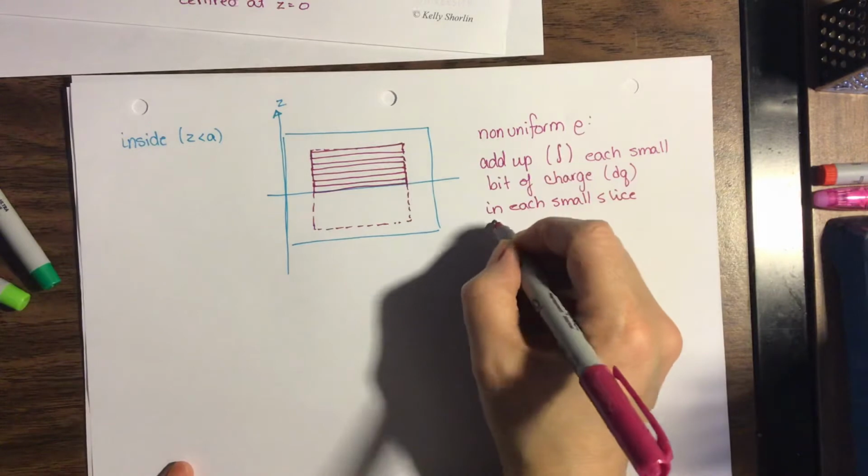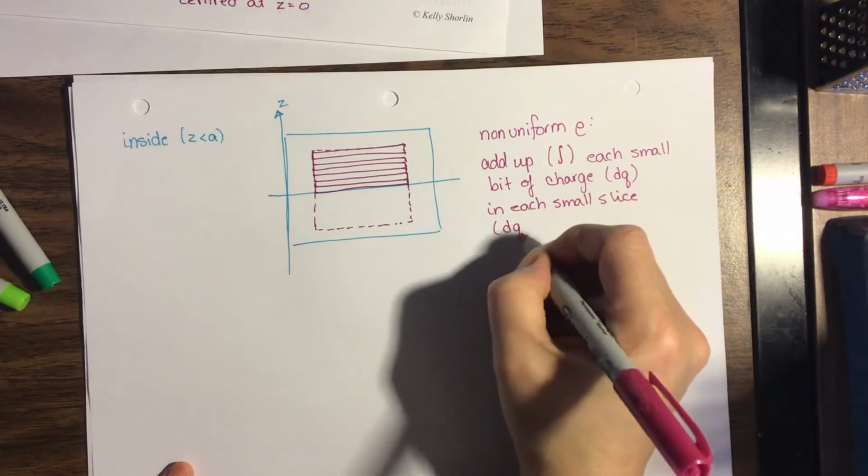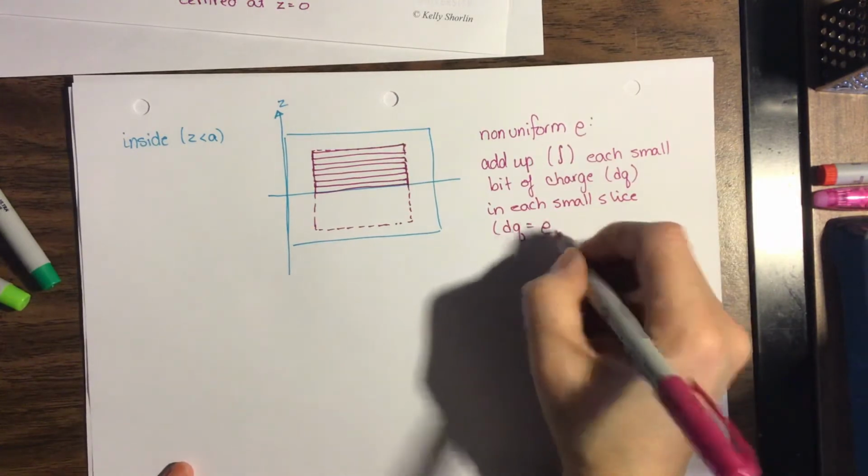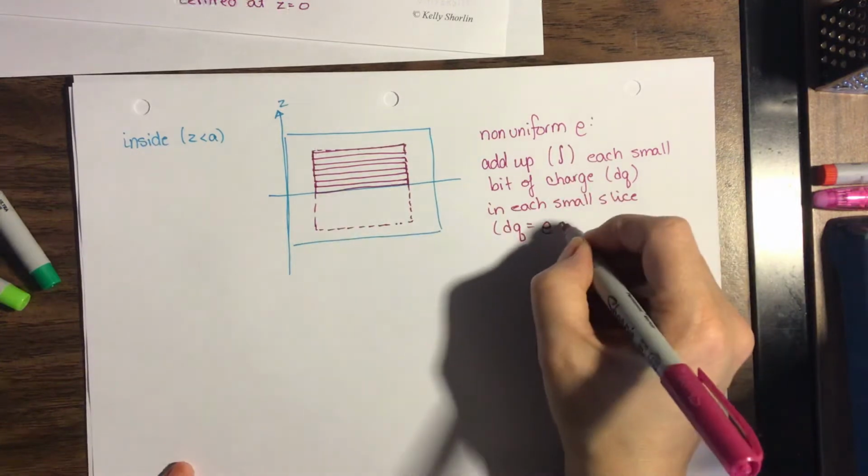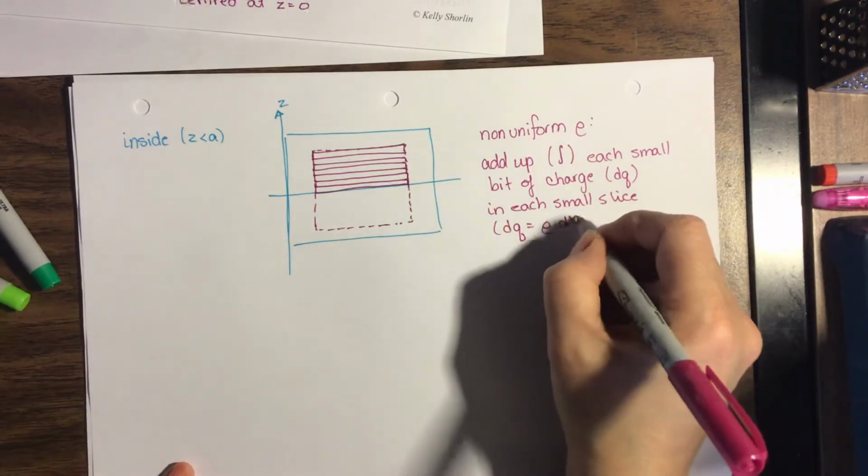The amount of charge on each small slice, dq, is going to be the density, wherever that slice is, times the volume of that small slice.